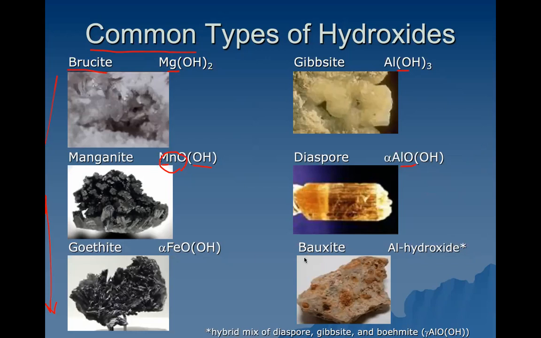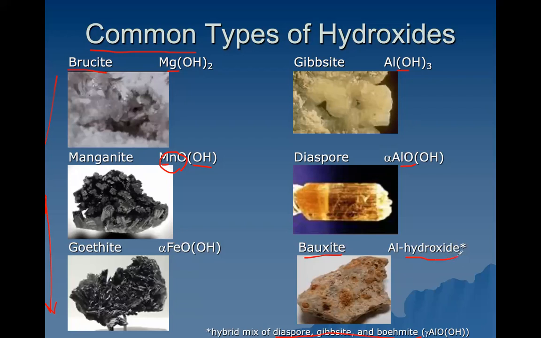Then comes bauxite. So you know bauxite already. It's aluminum hydroxide, but it's a kind of mixture. Diaspore, gibbsite, and boehmite. Boehmite is aluminum oxide hydroxide, right? So everything together. It's not a single component. It's a mixture, right?